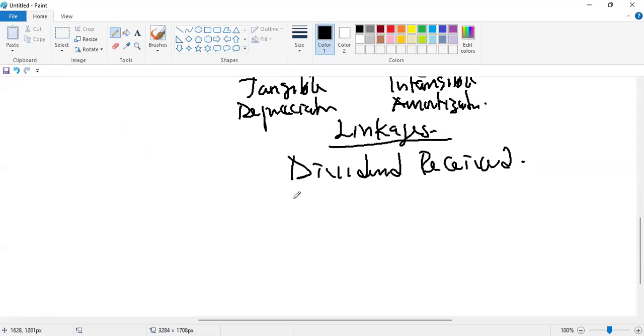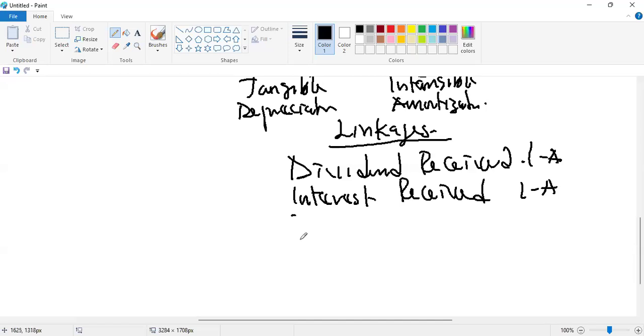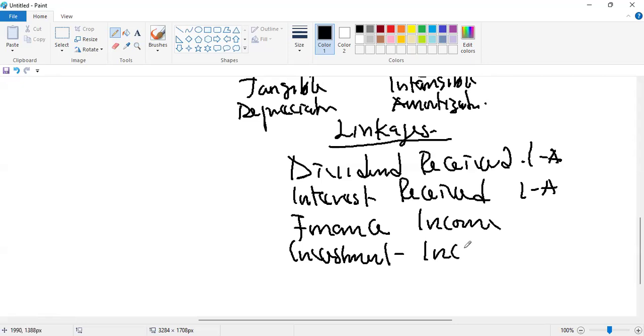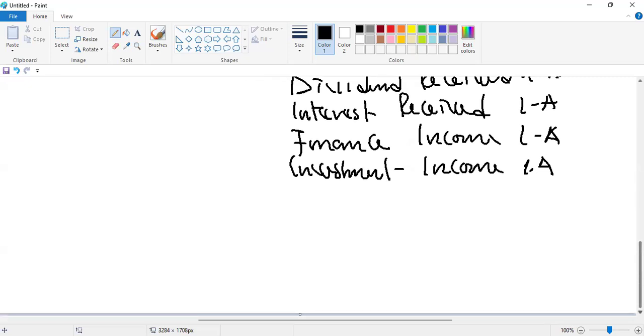We have interest received, which is investing activities, and finance income and investment income. All these are linkages. We can trace them to investing activities. So that is about investing.